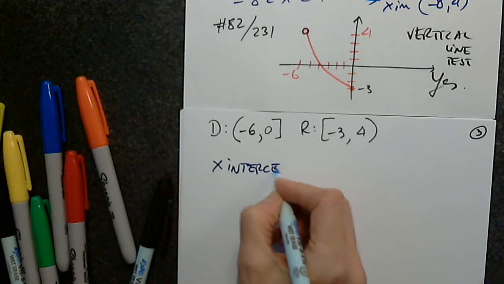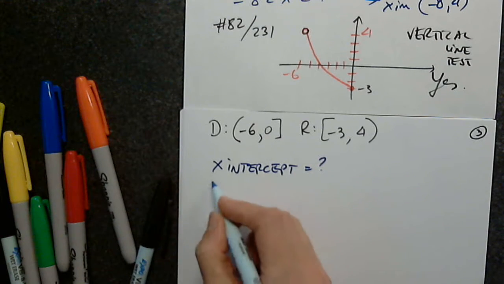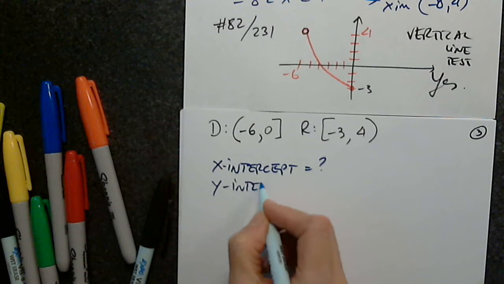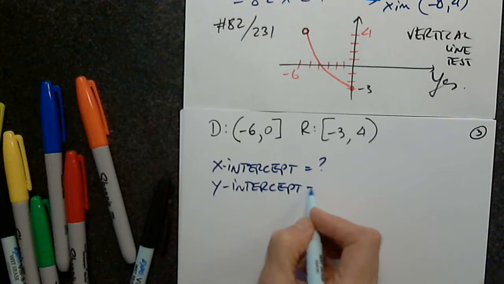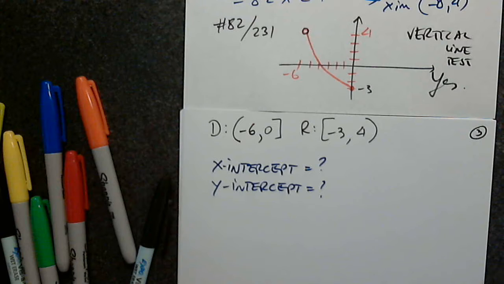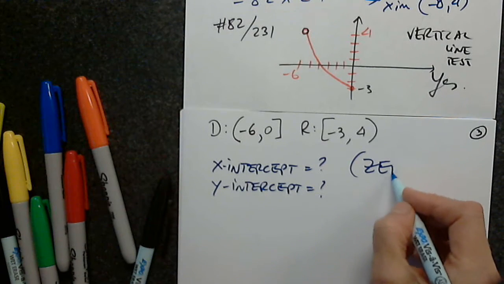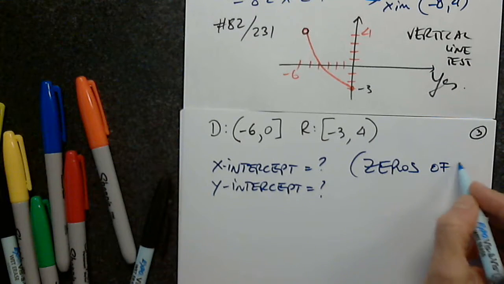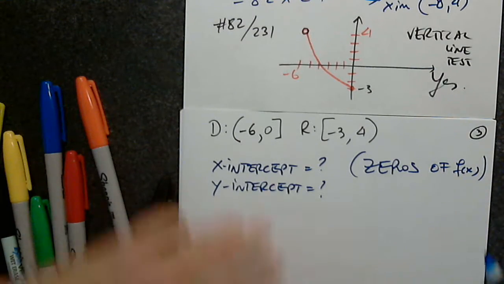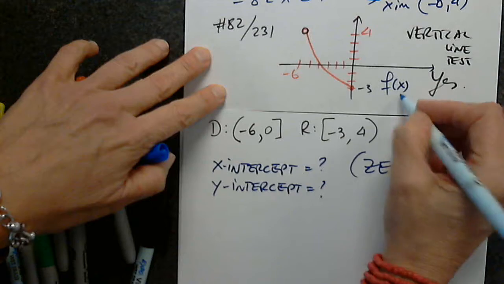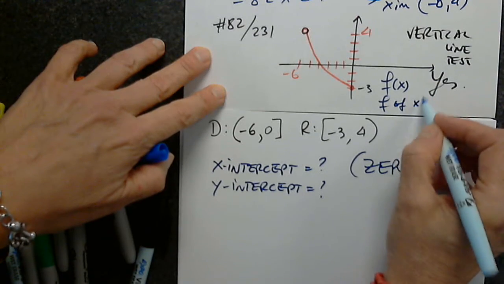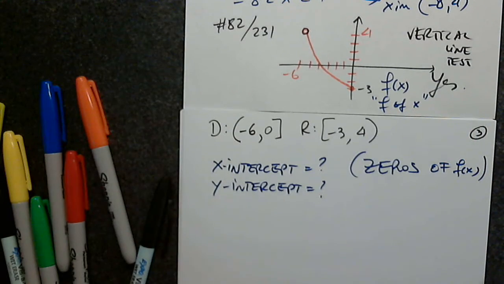X-intercept of this graph, and then y-intercept. The x-intercept or intercepts are also called zeros of f of x, where f of x is the function. So does this function have an x-intercept?